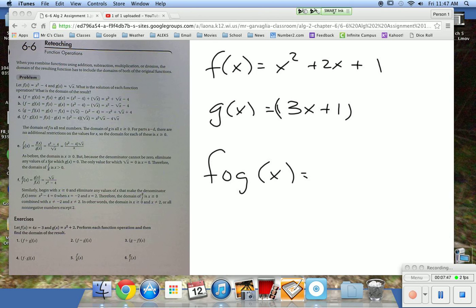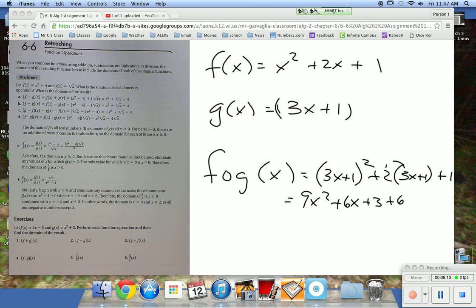So if I was going to do that, I would have 3x plus 1 squared plus 2 times 3x plus 1, plus 1. And I'd solve it. 3x plus 1 squared is 9x squared plus 6x plus 3, then 2 times 3x is 6x, 2 times 1 is 2, plus 1.